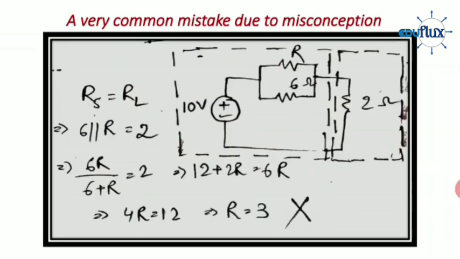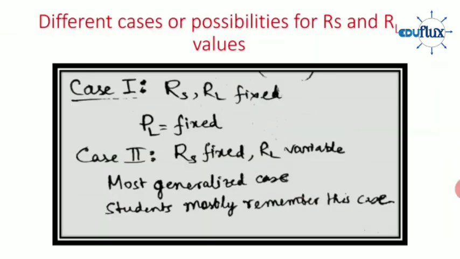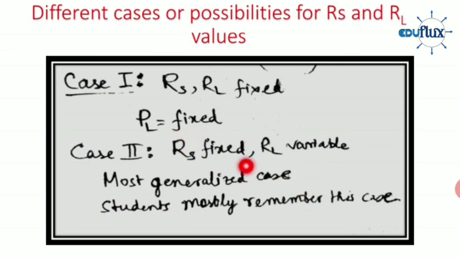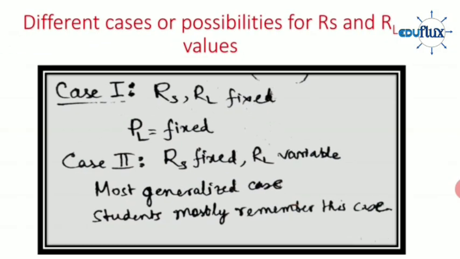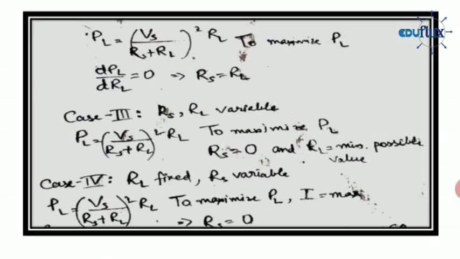Now let's go to a common mistake, which is very interesting, that students often make in this problem. They memorize the result obtained in the second case, the most popular case in which Rs is fixed and RL is variable, and the result in this case comes out to be Rs equal to RL.